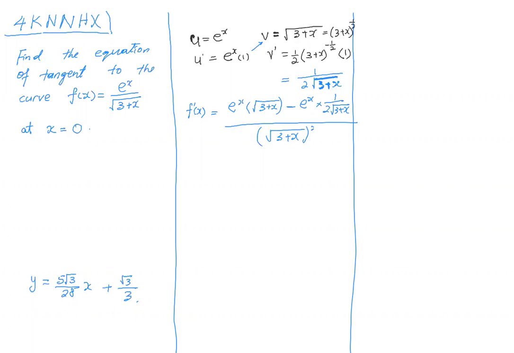So you don't waste time to go and simplify this, okay? They want to find the equation of tangent. So I just differentiate this, and I'm not going to simplify that.